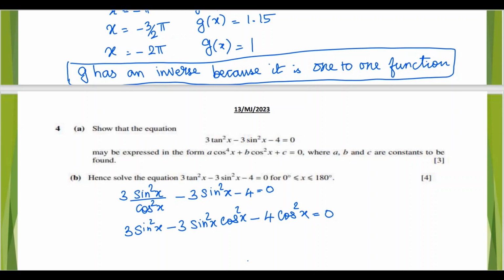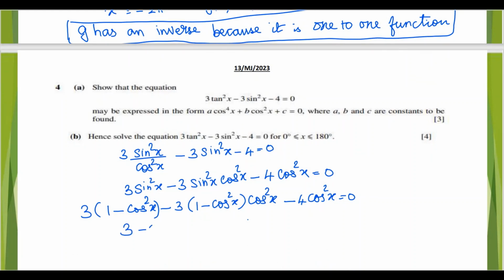Sin square x can be written as 1 minus cos square x. So 3 multiplied by 1 minus cos square x, minus 3 times 1 minus cos square x multiplied by cos square x, minus 4 cos square x equal to 0.